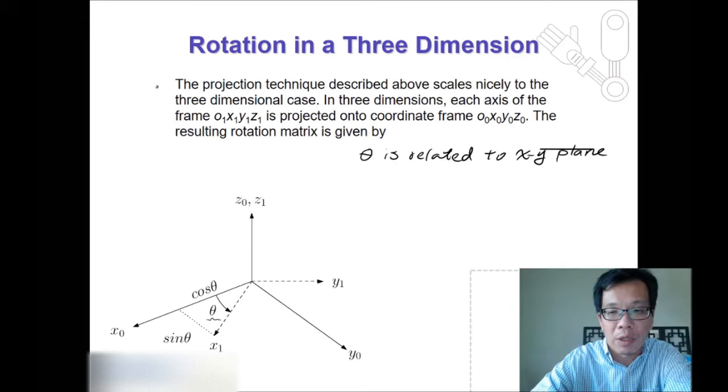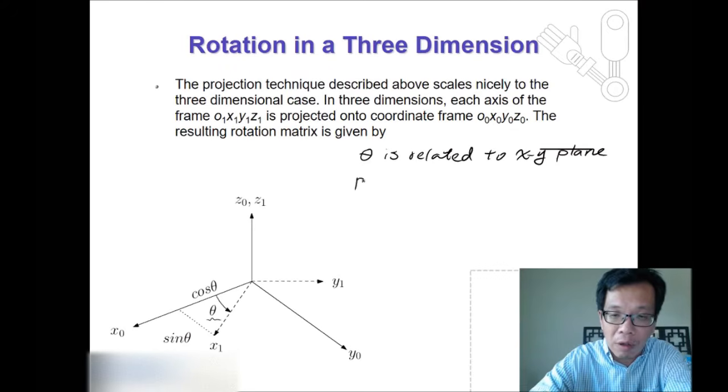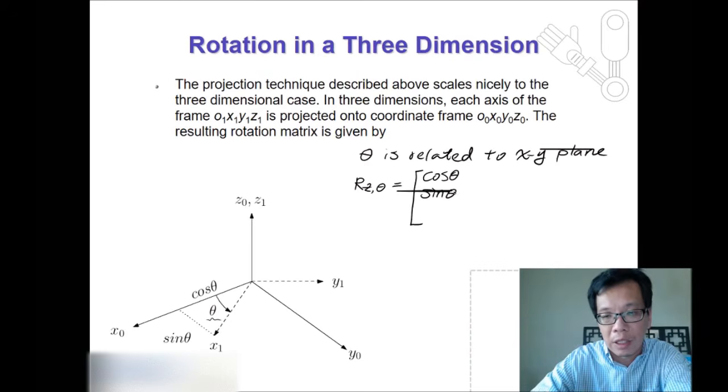So when we are dealing with the cosine and sine term, we actually do not need to worry about the direction along z, which means the projection along z direction is its unit vector, which is 1. So Rz theta can be treated as cosine theta, sine theta, negative sine theta, cosine theta.